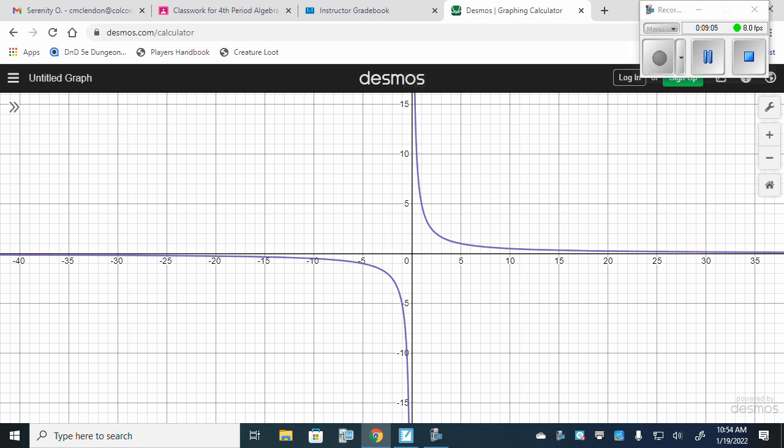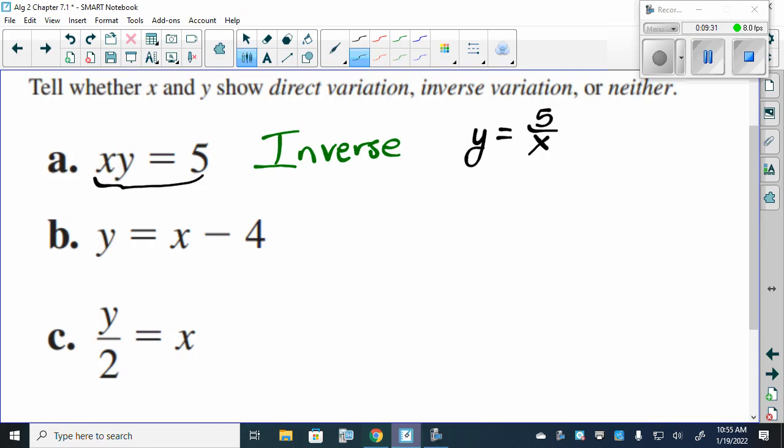Or if we go the other direction, starting at negative 35 and approaching this way, x is reaching a smaller negative, and y is getting bigger. It drops all the way off the map. They're going in opposite directions. And when x is 0, there is no value. X can't be 0. So this here would be inverse.